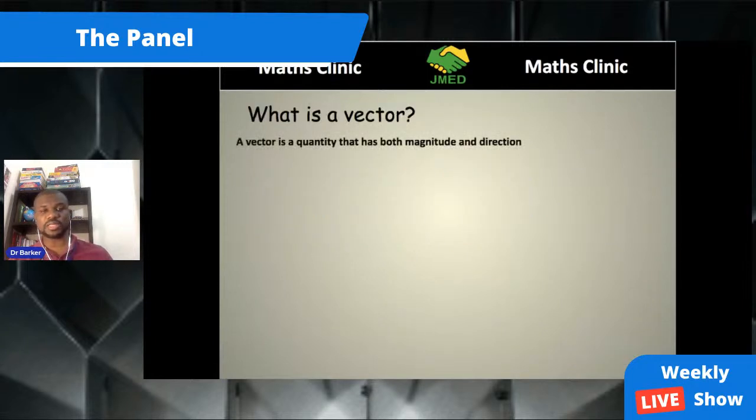So the first thing is, what is a vector? In a math exam, you're never necessarily required to define a vector, but it's good to have an understanding because it's something that you'll see in science. In science, they'll talk about vector quantities and scalar quantities. A vector quantity is something that has magnitude and direction, while a scalar just has magnitude.